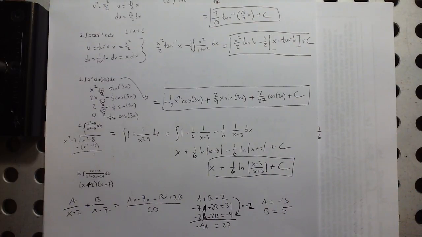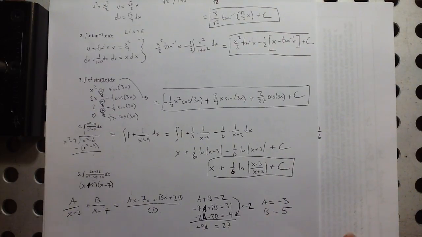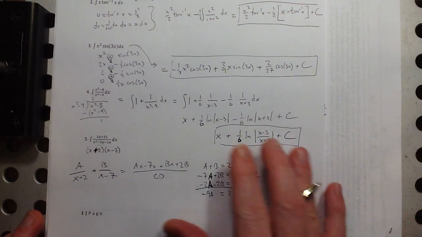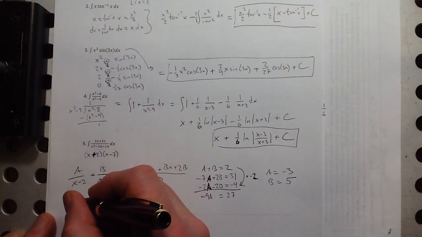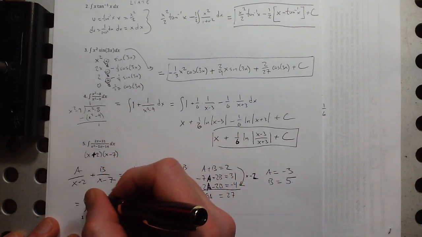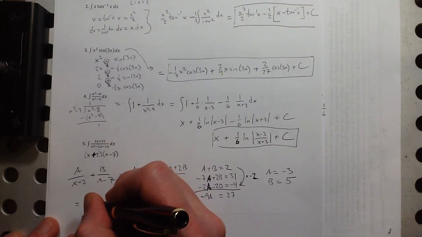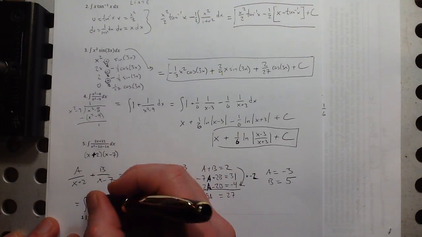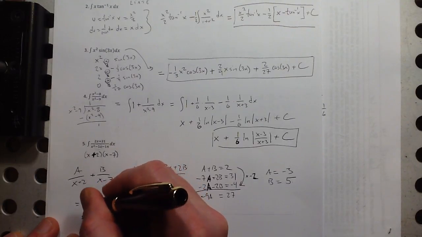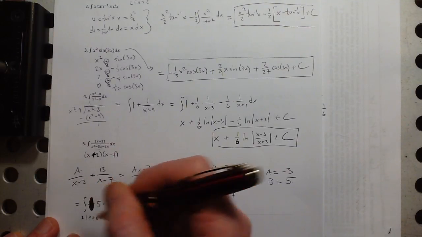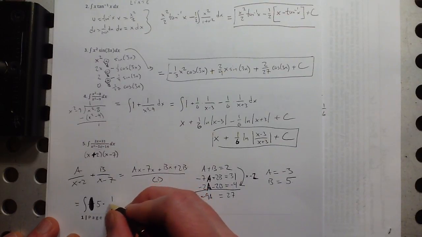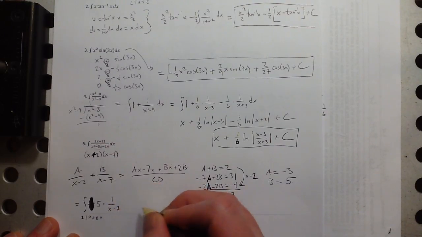Okay, same as I did in the last problem, I like to write it with a positive term first. So after doing our partial fraction decomposition, this original integral turns into B, which is 5, times, sorry, I was going to write 1/5 there. I'm in the habit of writing those fractions, but this time it just came out to be 5 times 1 over x minus 7.